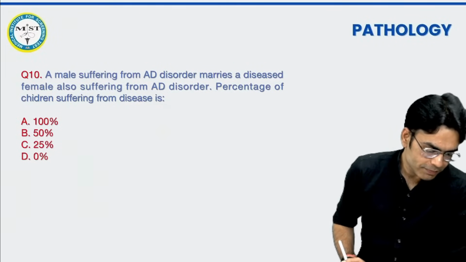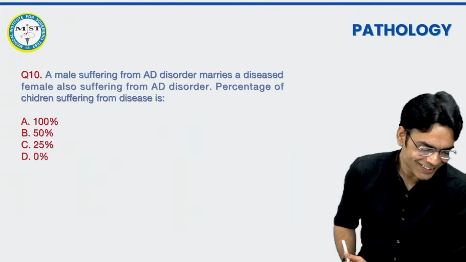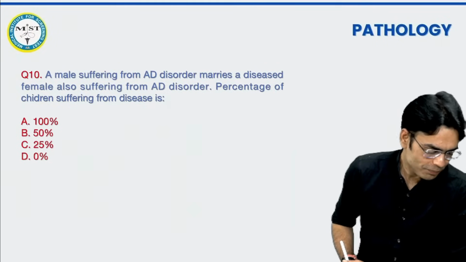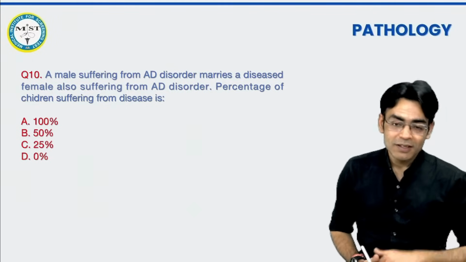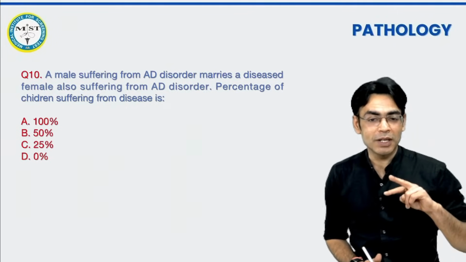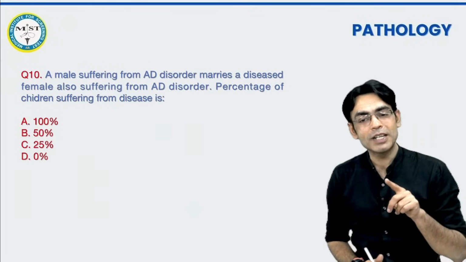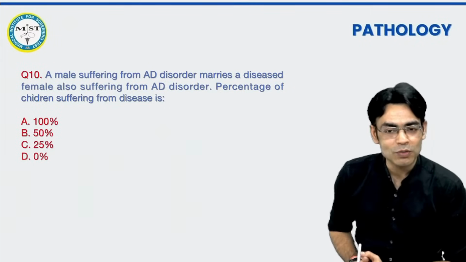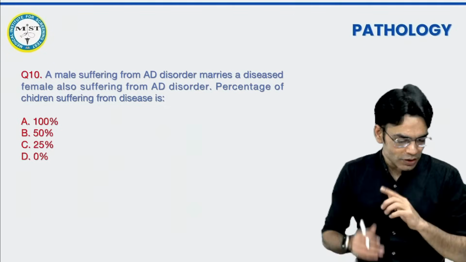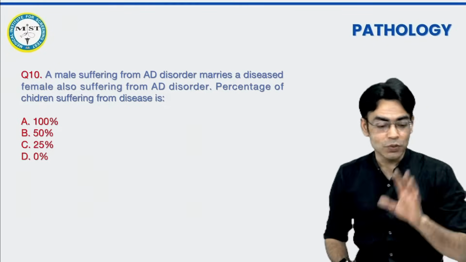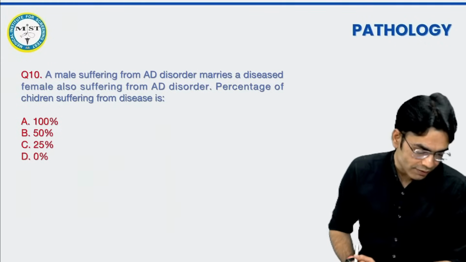Yes रोहित, सब कुछ स्मॉल होगा। Two autosomal dominant people, male also is suffering from autosomal dominant disease and female is also suffering from autosomal dominant disease. What is the percentage of children suffering from the disease? ठीक है, बहुत ही simple question है.